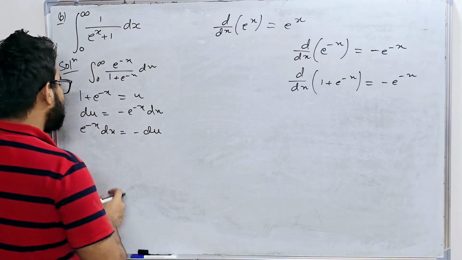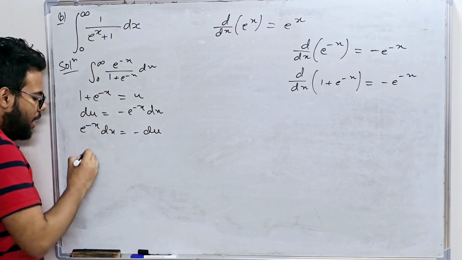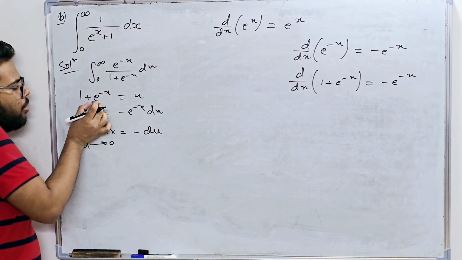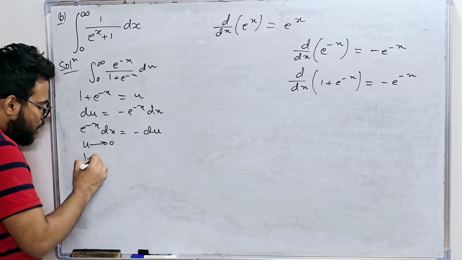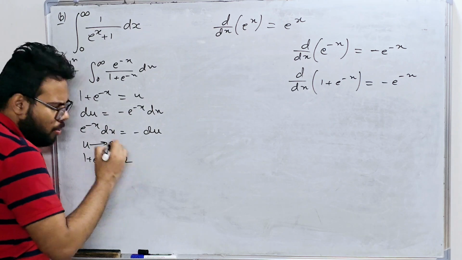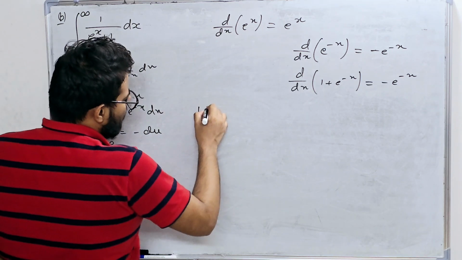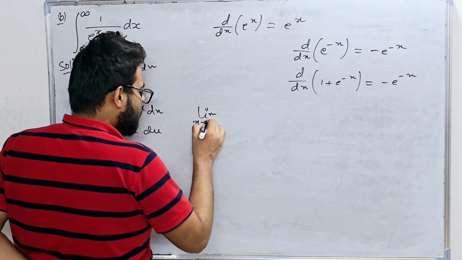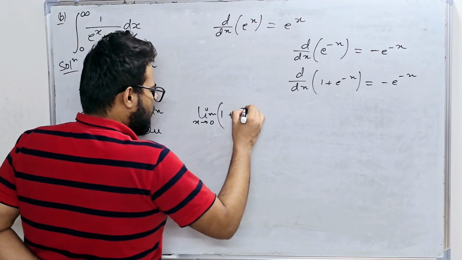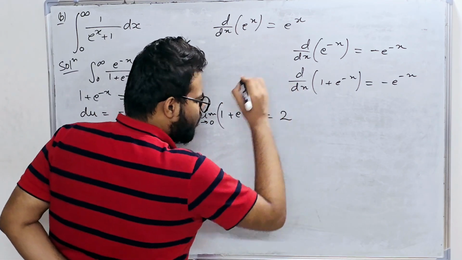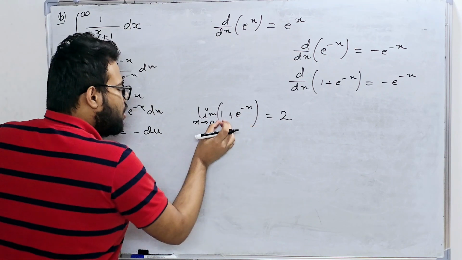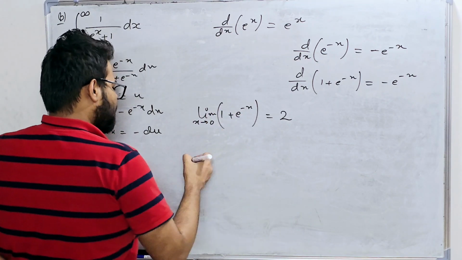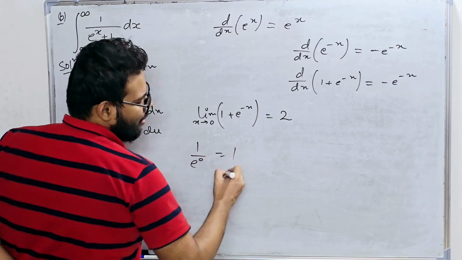And observe that as x tends towards 0, 1 plus e to the power minus x tends toward 2. Why? Because 1 plus e to the power 0 is 1 plus 1, and e to the power 0 is equal to 1.